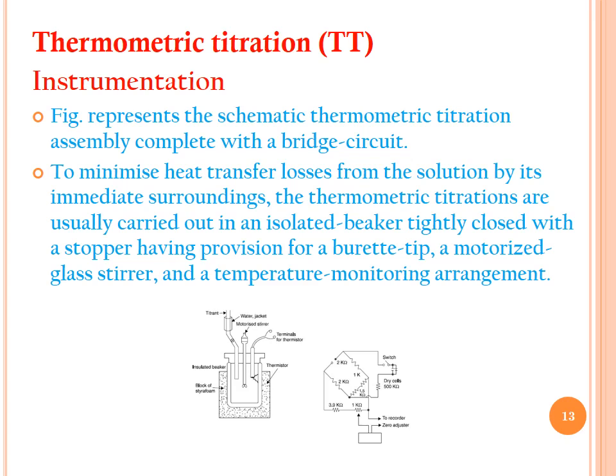You can see in the figure there is a titrant at the top, water jacket, motorized stirrer, terminal for thermistors, thermistor, block of styrofoam used as heat sink, and insulated beaker that is inserted in the block of styrofoam.